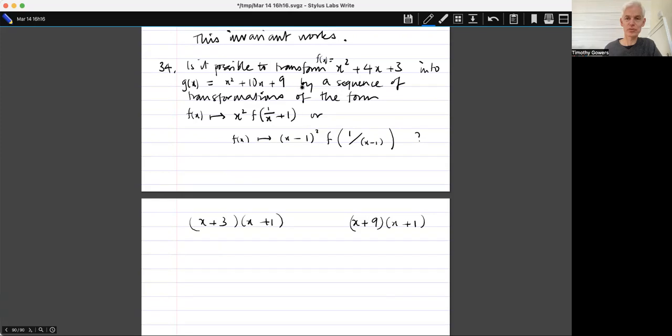So they've both got x plus 1 as a factor, or in other words, minus 1 as a root. So my best hope is to try to show that these operations preserve minus 3 as a root, which seems a little bit unlikely.